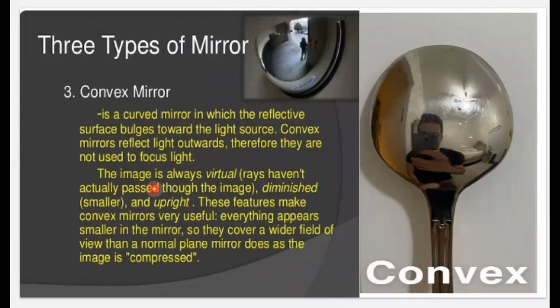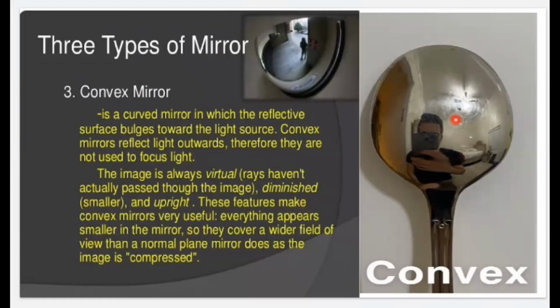The image is always virtual, rays haven't actually passed through the image, and a diminished or smaller, upright image is formed. This feature makes the convex mirror very useful. Everything appears smaller in the mirror, so they cover a wider field of view than the normal plane mirror does, as the image is compressed.